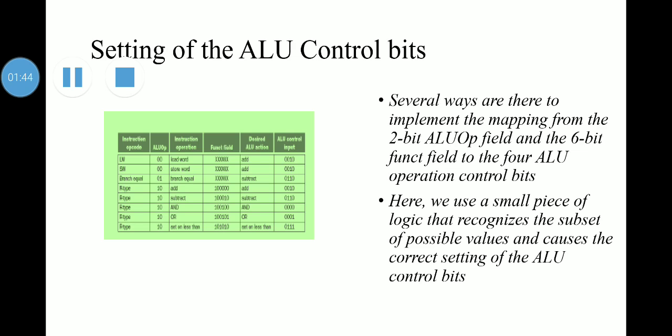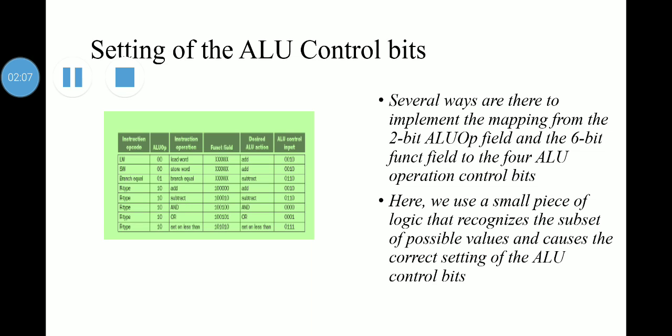We can generate this 4-bit ALU control input using a small control unit that has as inputs the function field of the instruction and a 2-bit control field which we call ALUOp. This is shown in the second column of this tabulation.